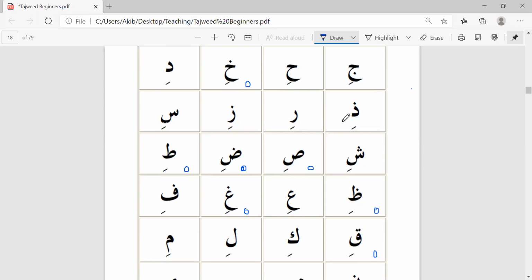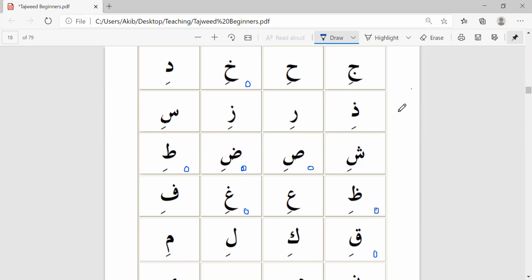The second will be all the letters with the fatha. The third will be all the letters with the kasra, and then we're going to go over the dhamma today, so the fourth one will be all the letters with the dhamma. So if you want to repeat a particular letter, you'll have access to these voice notes, inshallah. I will send them in the group chat tomorrow, inshallah. So don't worry if you want to go over one of the letters a bit extra, this will be available for you, inshallah.